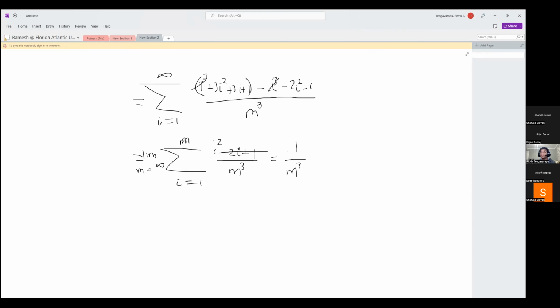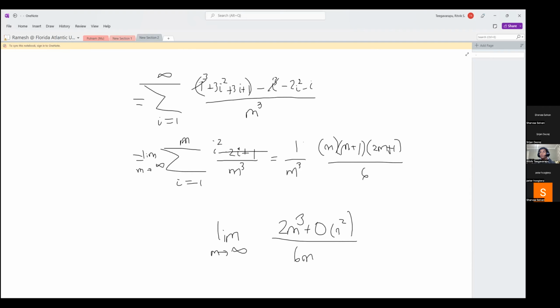This sum is the sum of squares from 1 to m, which is simply m times m plus 1 times 2m plus 1 all over 6. Clearly, there's going to be a 2m cubed term up top, plus whatever O of m squared. That's all going to converge to 0 as m approaches infinity, all over the initial 6m cubed. This disappears. We're left with 1/3.